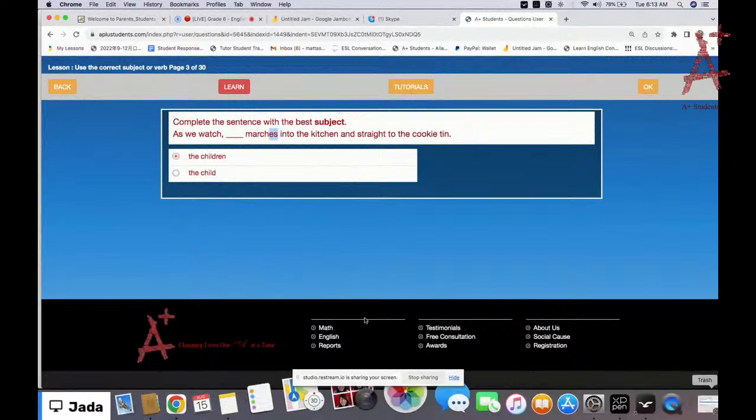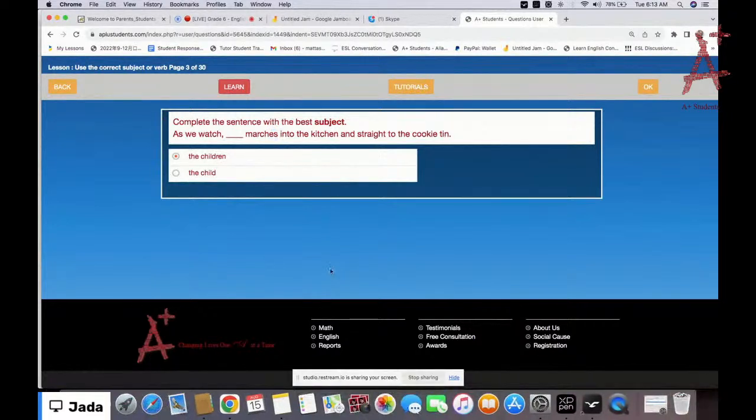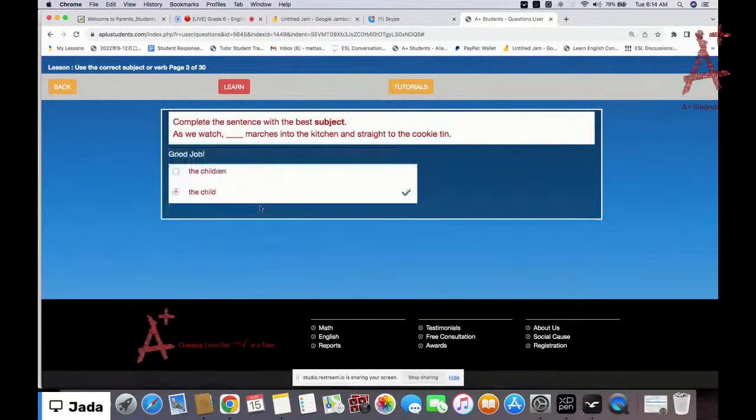So if the verb is singular with es, then the subject is going to be singular, which is going to be the child, because you cannot say the children. If you say the children, it is 2, 3, 4, 5, more than one. But the child is referring to one kid. So if you say the child marches into the kitchen and straight to the cookie tin, it's perfect. So we'll click on the child and move on. You see that that's correct.